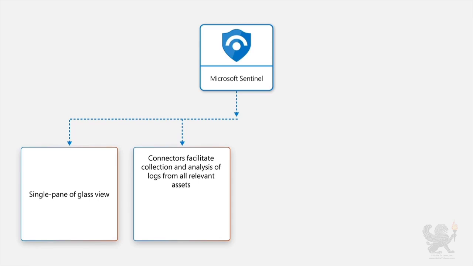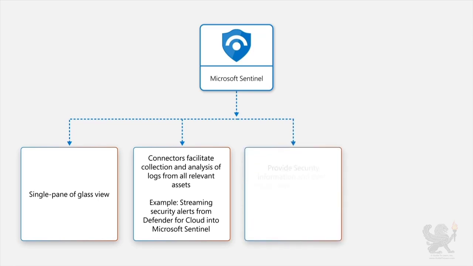Microsoft Sentinel connectors, such as Microsoft Defender for Cloud, Azure Active Directory, Azure Activity, and Amazon Services will facilitate collecting and analyzing logs from every relevant asset in the Contoso environment. For example, Microsoft Defender for Cloud connector streams security alerts from Defender for Cloud into Microsoft Sentinel.